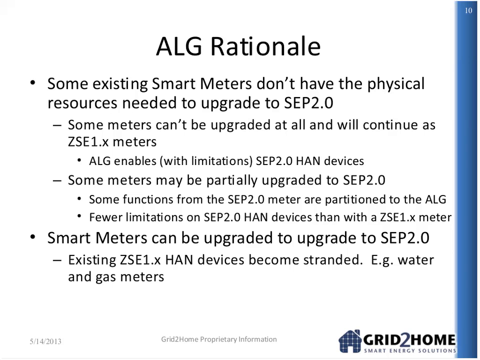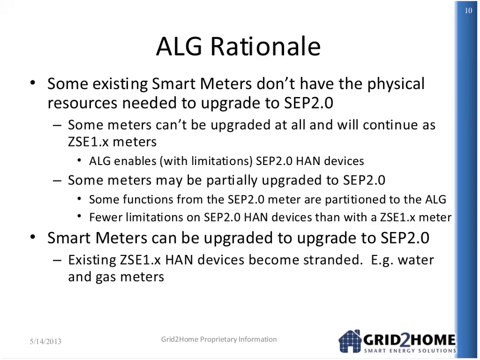So some existing smart meters don't have the physical resources needed, and the physical resources we're talking about is the memory. They can't be upgraded, and the ALG enables, with some limitations, support for SEP2 HAN devices using SEP1 meters.